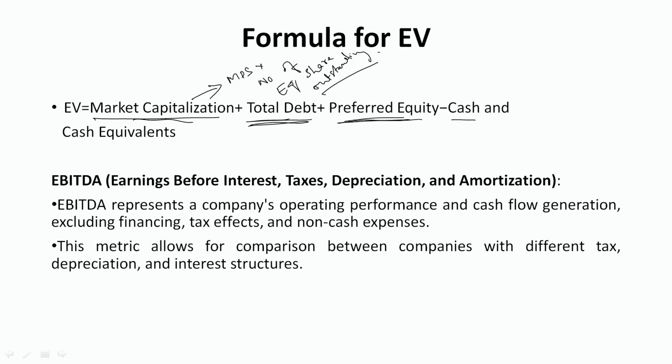It could be in the form of debentures or long-term debt, whatever it is. Then you have preference share capital, which is another type of equity. So these three put together are the value of your equity share, value of your preference share, and total value of your debt, minus the cash and cash equivalents.